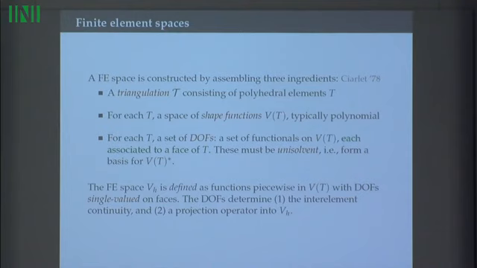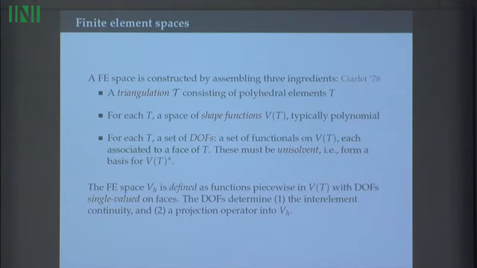And most important, for each triangle, you have a set of degrees of freedom, which means a set of functionals on the shape functions. And here's something that Ciarlet forgot to emphasize, but it's crucially important. Each one is associated to a face of the simplex. He did it implicitly. And these are unisolvent. In other words, they form a basis for the dual space of the shape functions.